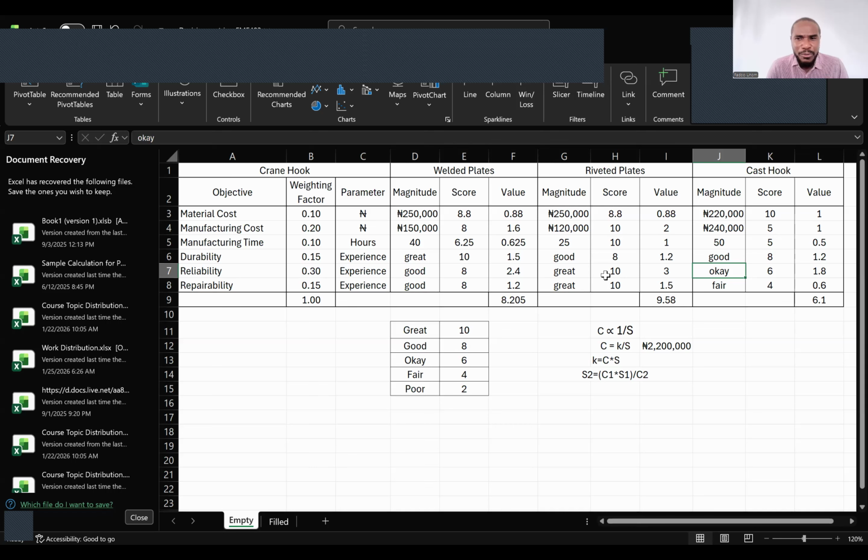If you are working with a fridge, thermal insulation is more important to me than the weight. Yes, I want it to be lightweight, but thermal insulation is more important to me. And so I will give it a higher weighting factor. And then I compare all my materials and I select objectively the material that is the best based on my criteria.